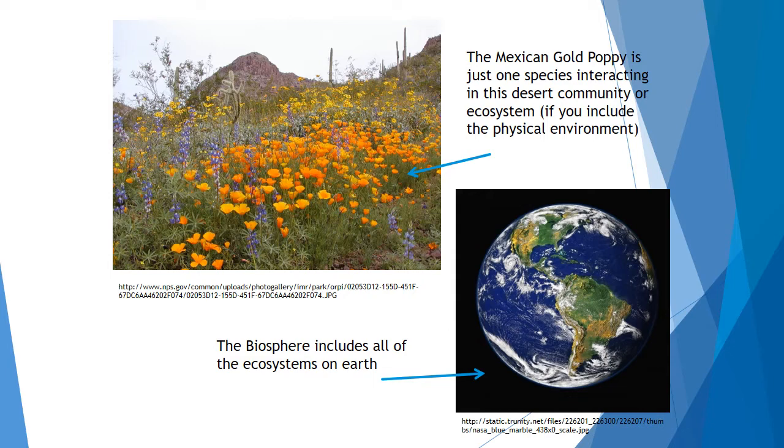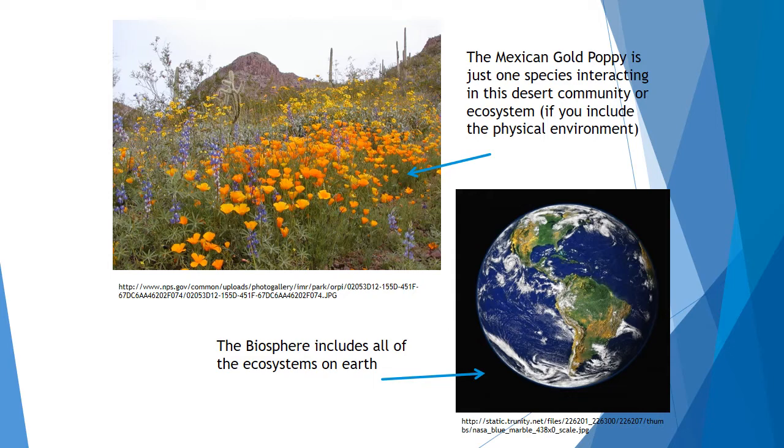There are probably birds in this environment, there's bacteria, other organisms that are living in this area, and they're all interacting together. That would be a community. So multiple organisms of different species interacting together as a community.